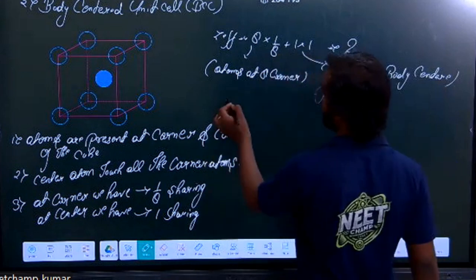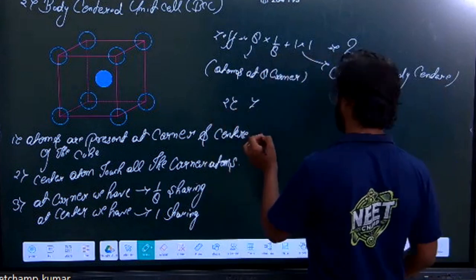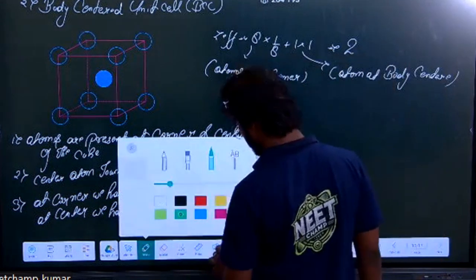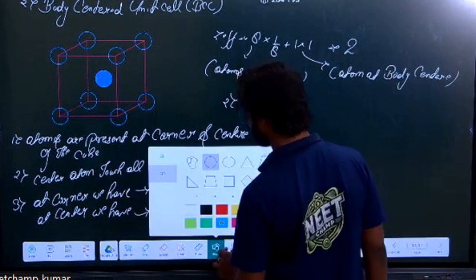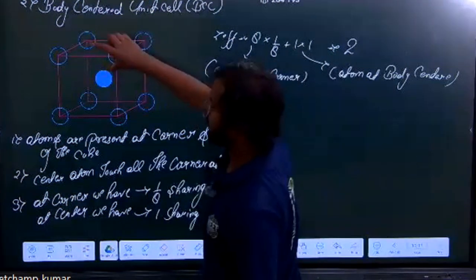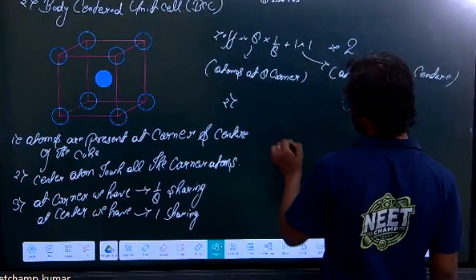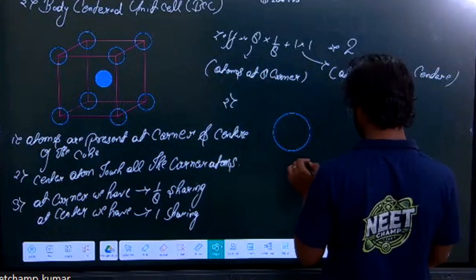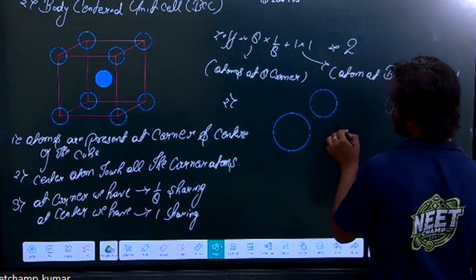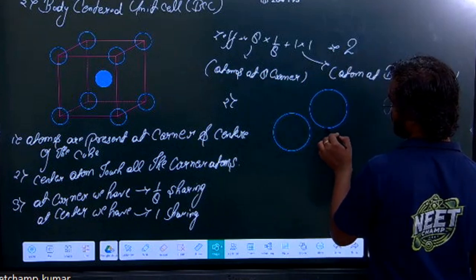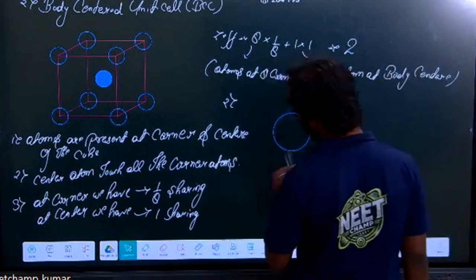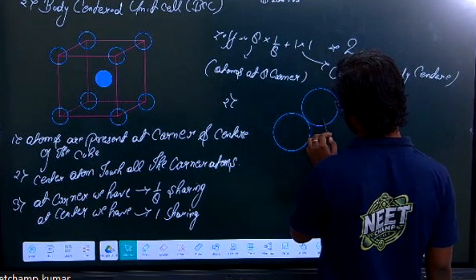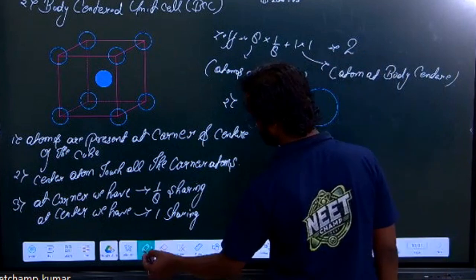Now second is the relation between a and r. So if you see properly, you will understand my geometry is something like this, right? This one atom is touching the other opposite atom, right? So it is something like this. Suppose this is my one atom, okay, and there is another atom also.